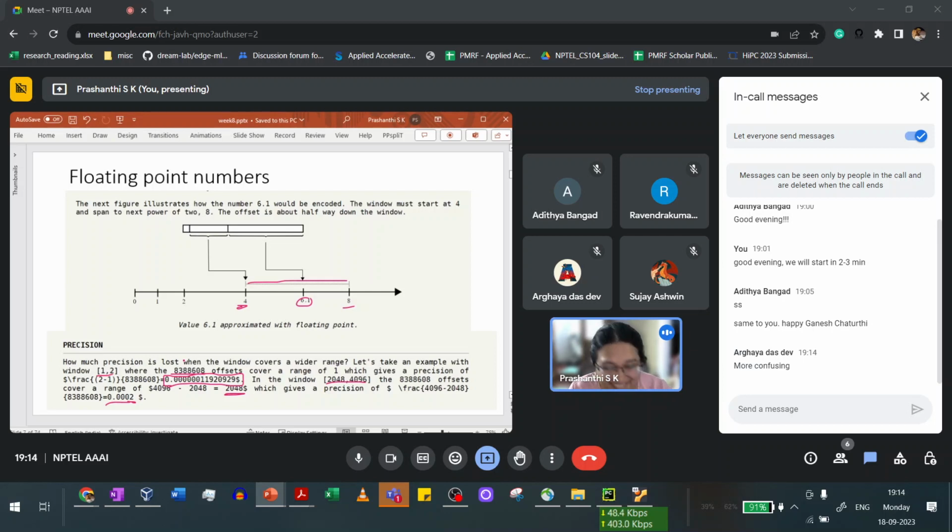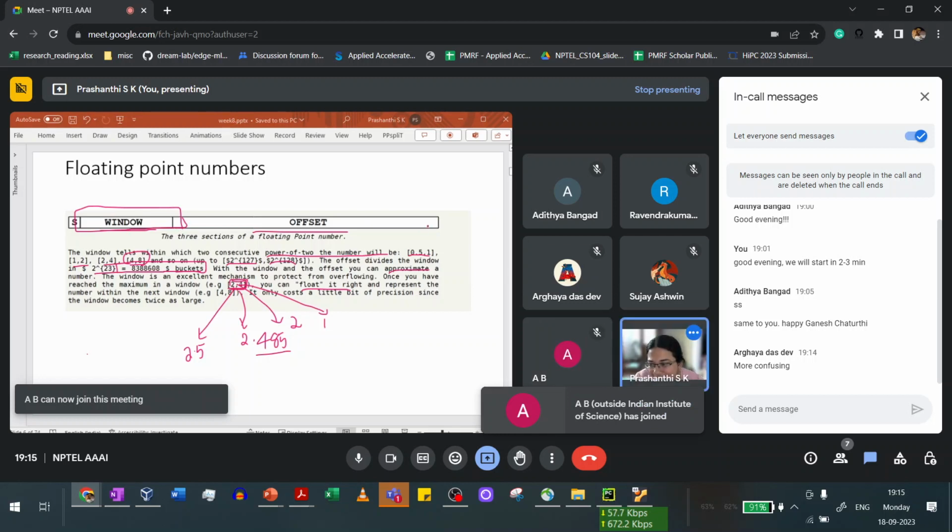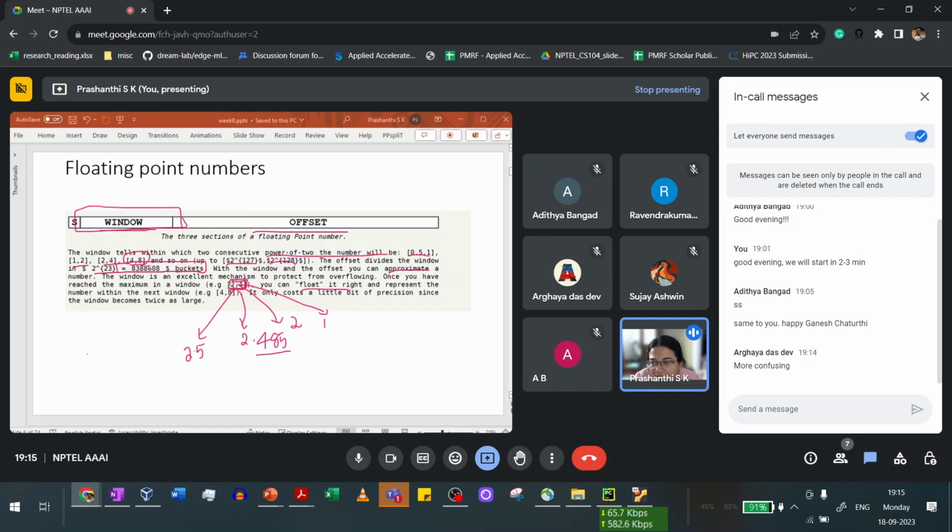More confusing, I see. Okay, so the idea is, let's say I have a certain number of bits for the exponent, a certain number of bits for the offset. Let's say I keep that fixed. What would happen is my range would come down a lot and my precision is also fixed. Here what we are trying to do is get a better range, but you only have a certain number of bits.